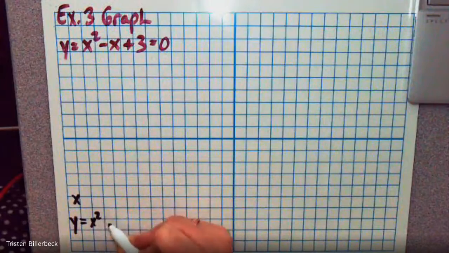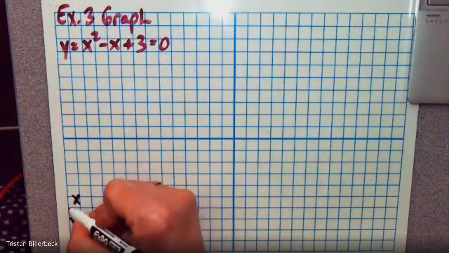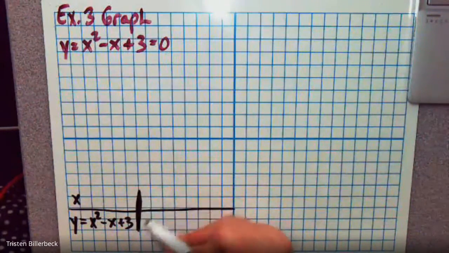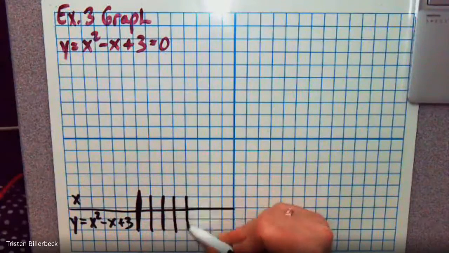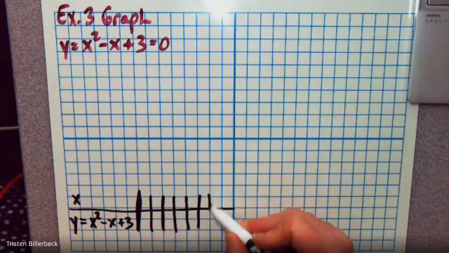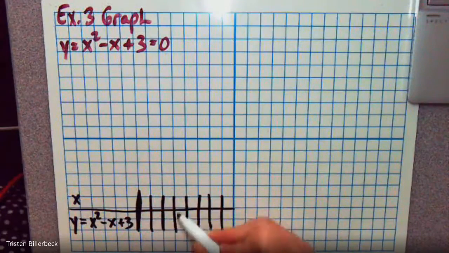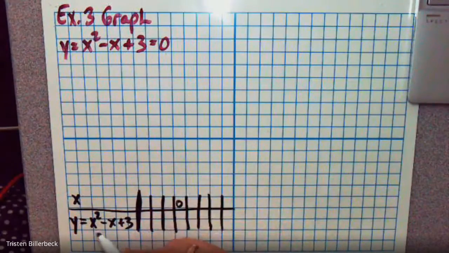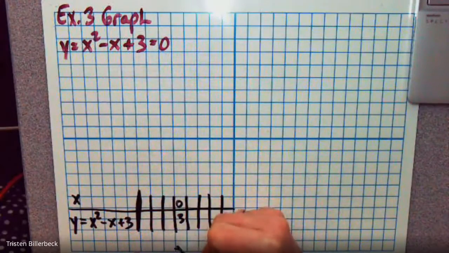So we have x squared minus x plus 3. Make a quick little table like this. Okay, let's put 0 here. So at 0, the x's cancel right here, and we have 3, which is our y-intercept.